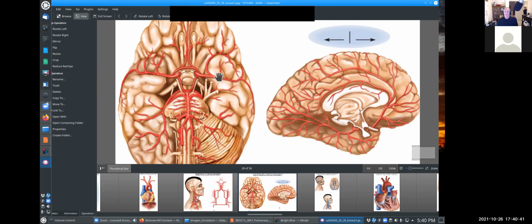So three main arteries that come off the circle of Willis, three pairs of arteries. You've got the anterior cerebral, and the middle cerebral and posterior cerebral. Got it.